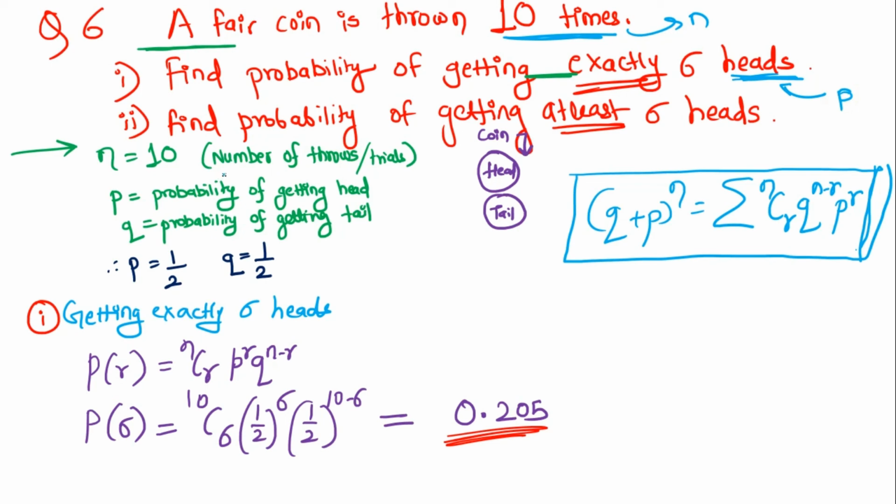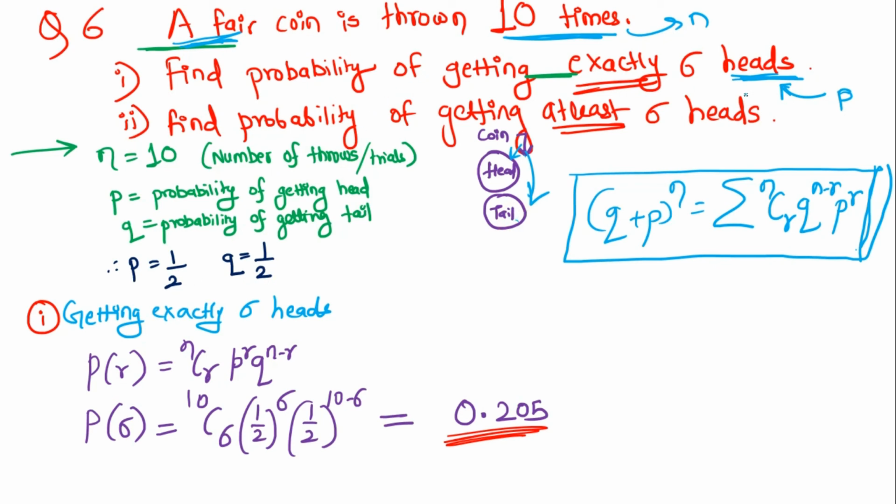So n is 10, how many times you are performing the experiment. p is the probability of getting head, that is success, and q will be the probability of getting failure, when instead of head you get tail, as you throw one coin multiple times. When you throw one coin, you have two chances, either head or tail. Probability of getting head is 1 by 2 and probability of getting tail is 1 by 2. So small p is 1 by 2, small q is 1 by 2.